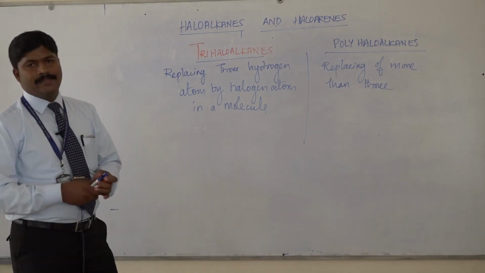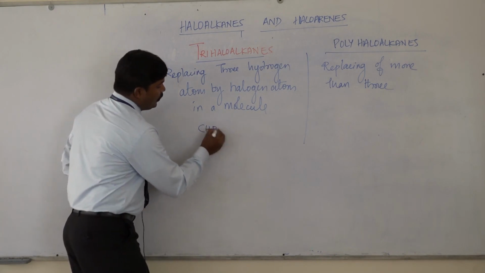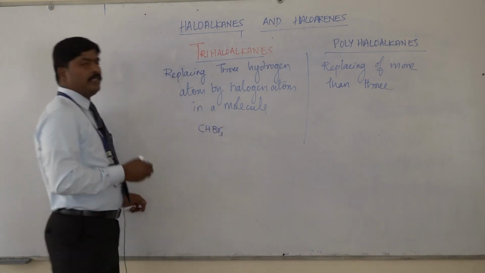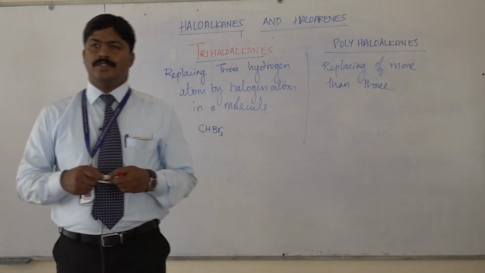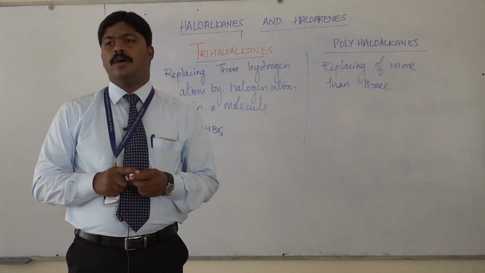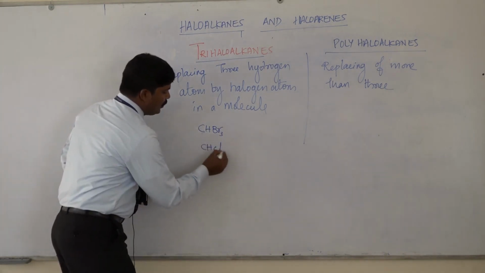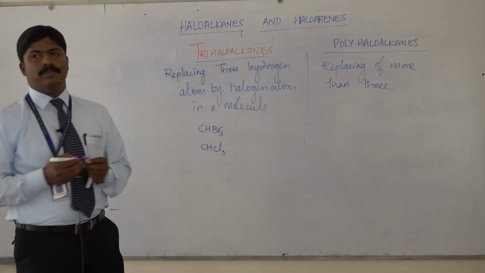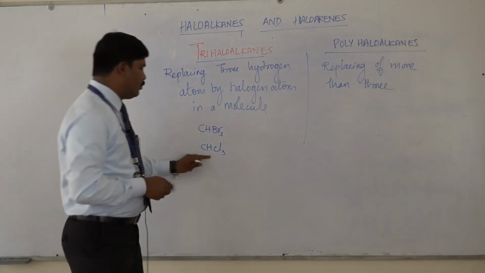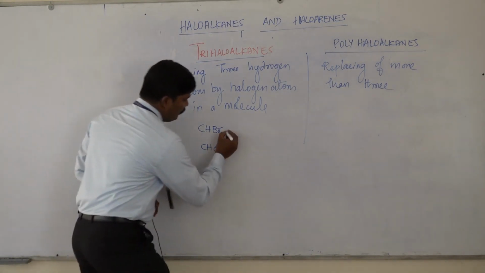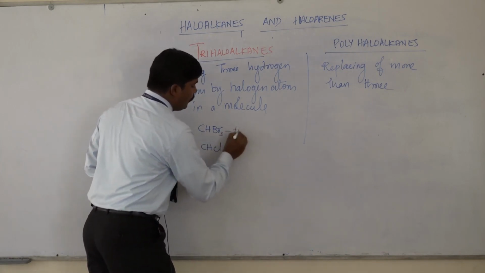I can give a very good example: CHBr3, which is called tribromomethane. Similarly, CHCl3 is called trichloromethane. In the methane molecule CH4, I replace three hydrogens, so it is called trichloromethane.